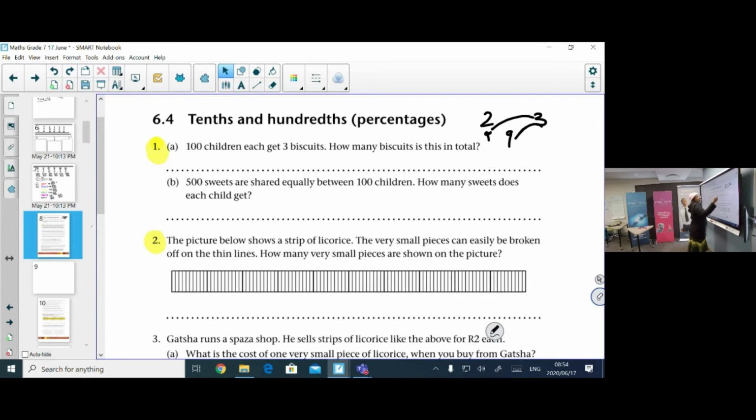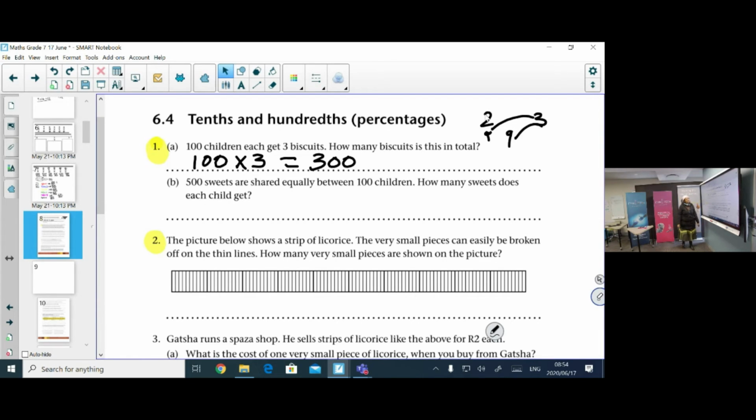The answer is 2 times 3, which is 6. But in this case, instead of 2, we are having 100 children. So there are 100, each get 3. So the biscuits are 300 biscuits.